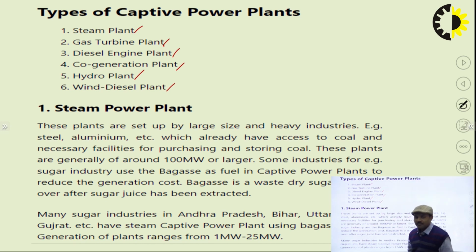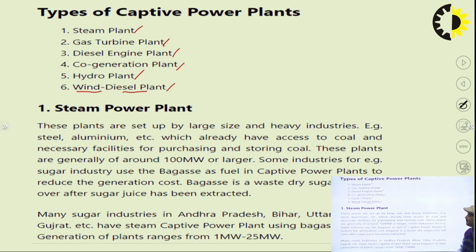Basically, whenever we have a captive power plant based on renewable energies, since the reliability of renewable energy resources is not very good, whenever proper wind is not there, the wind power plant will not generate enough power, and to meet the demand we have to generate some power from the diesel power plant. So let us see the steam power plant.